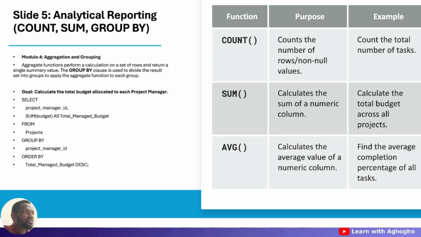When a value is null, it is empty data. A non-null value means data that has got information in it. So we've got the total count, which is counting the total number of tasks that have been executed. Those are some of the examples that will be looked at in the course of this simulation training.